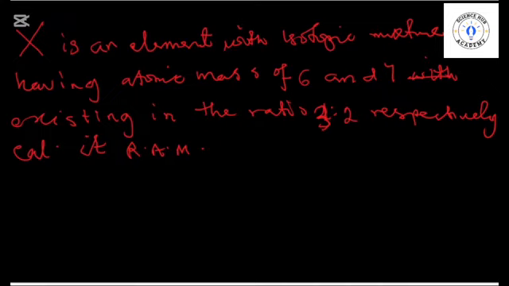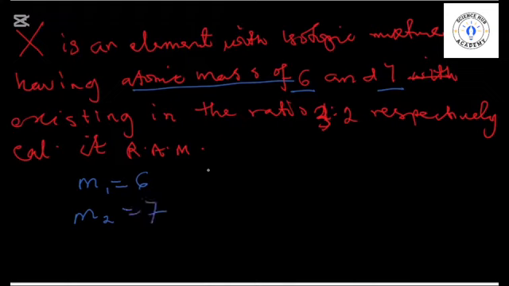Yes, sir. For this next one, the atomic masses for the first is 6 and the second is 7. So my M1 equals 6 and my M2 equals 7. Alpha 1 will be 3 over 2 plus 3, which is 3 over 5.